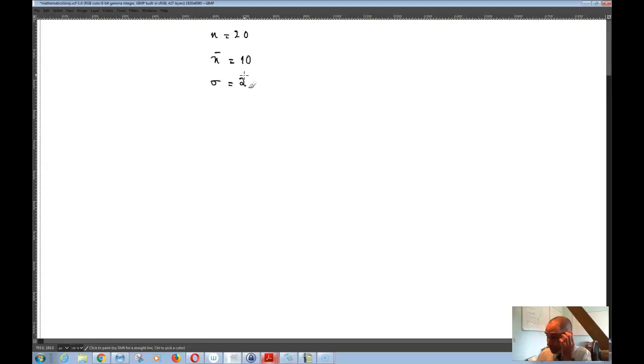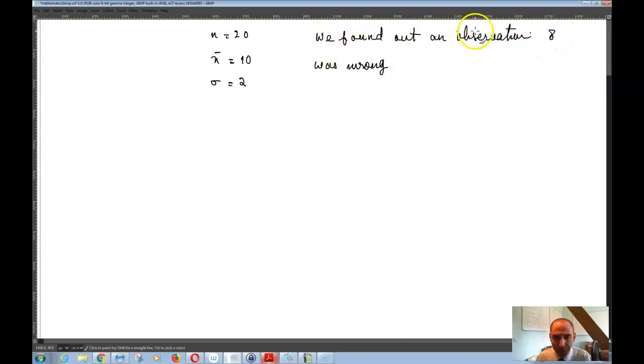Then on checking, we found out that an observation 8 was wrong or incorrect, meaning that it had been counted as a part of the observations incorrectly.